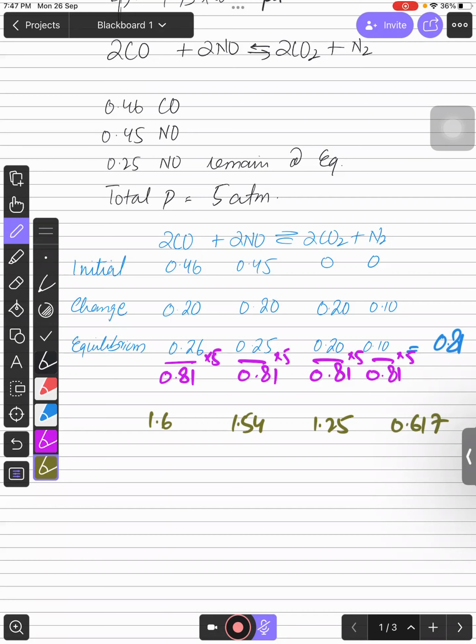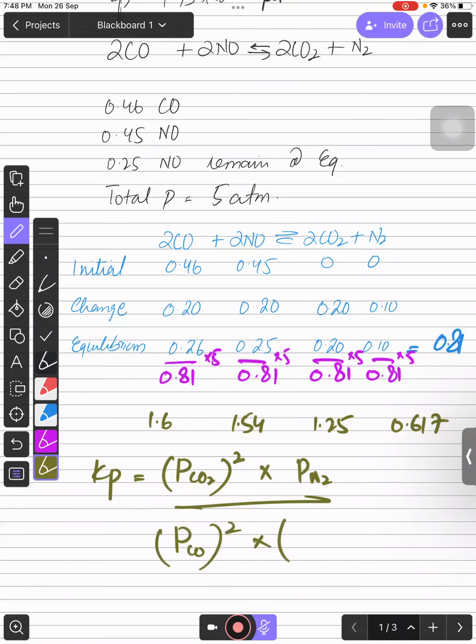So write down the expression for Kp, and it is the product of pressures, which is carbon dioxide over the value of their stoichiometric number, and the pressure of nitrogen over pressure of carbon monoxide and pressure of nitrogen monoxide, right? Put the values, get the answer.